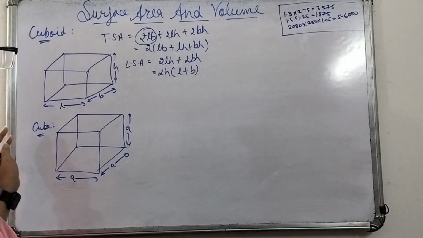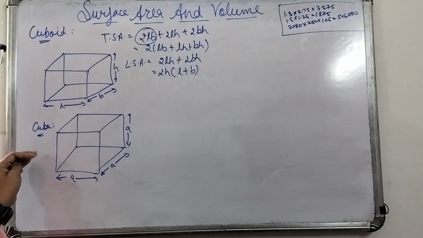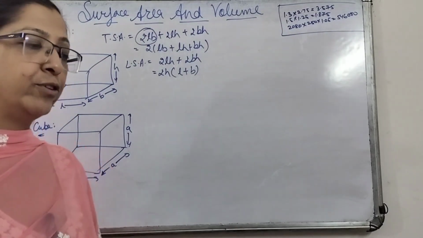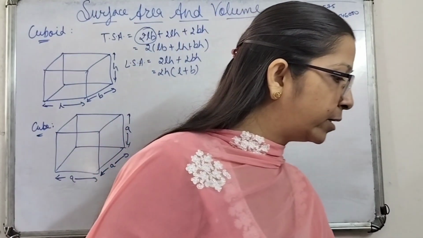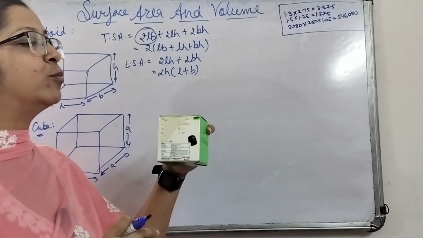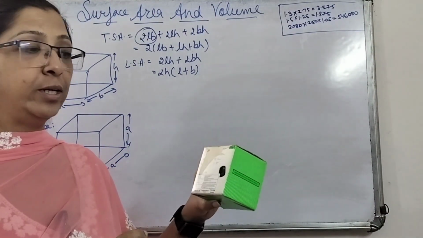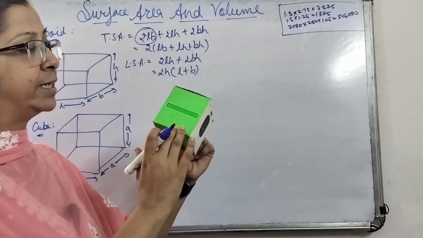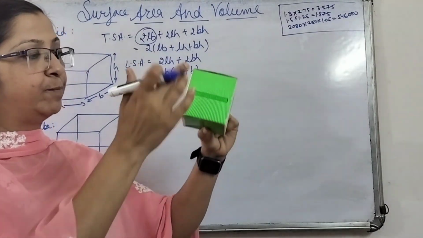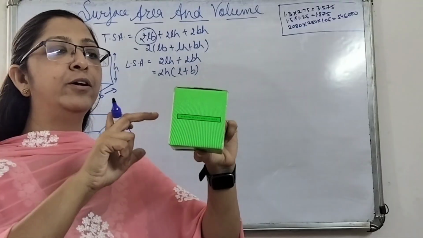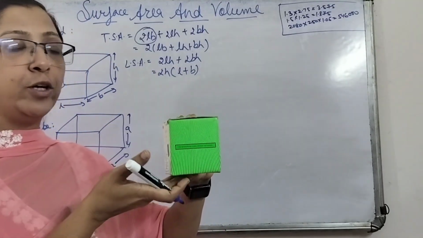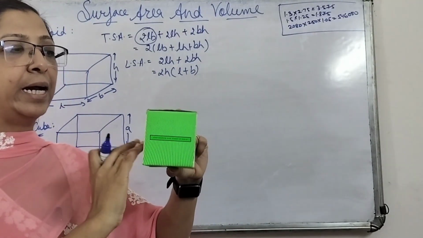Now, what will be the total surface area of a cube and what will be the lateral surface area of the cube? We can see over here that this shape is almost equivalent to a cube, meaning length, width and height are almost equal. Again it has 6 faces: 1, 2, 3, 4, 5, 6, topmost, bottommost, front, back and the side ones.